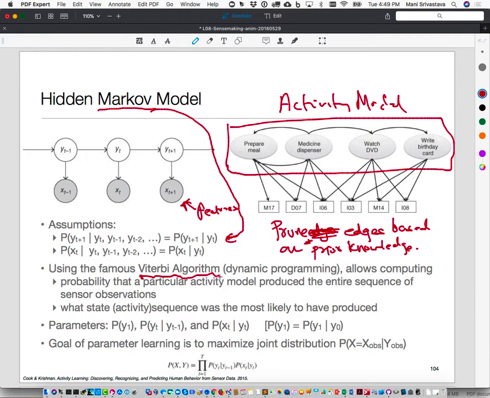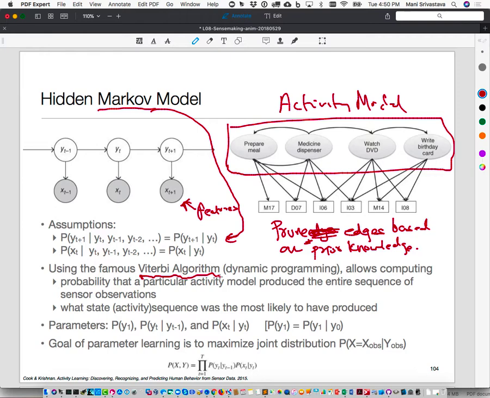The details are, again, too advanced for our purposes here, but given the model, we can answer these kinds of questions. And that's it. What are the parameters here? If you think about it, parameters are really the probabilities associated with that model. So they really include three things. Probability of y1, that is, what state did I start out in?